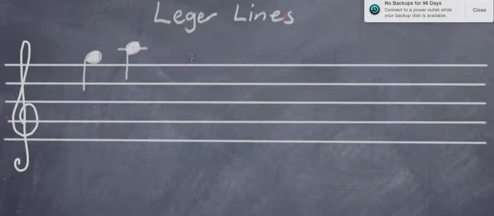We can go above our first ledger line into the space above the ledger line, and we can even go on to a second ledger line.